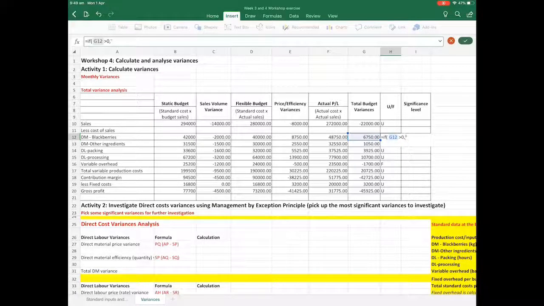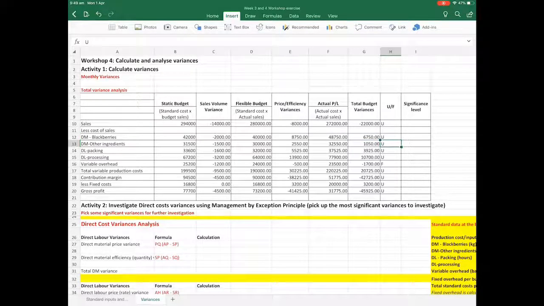In that case, I will put U. That means if the variance is greater than 0, I put U. If the first logic, G12 greater than 0, is not true, then it will also return U. If you copy the formula and paste it out to all of this, it will return the same.